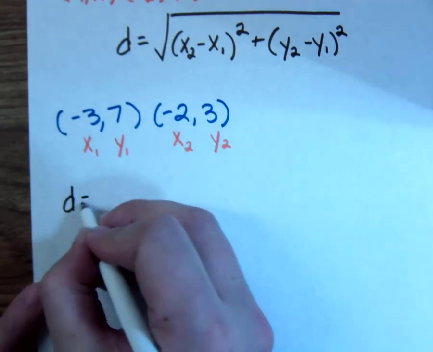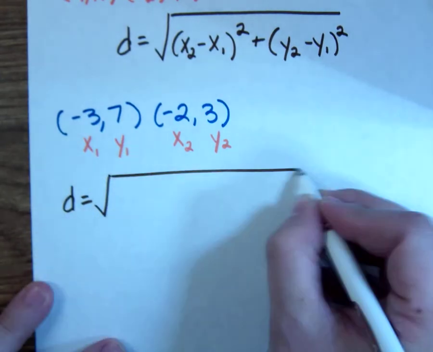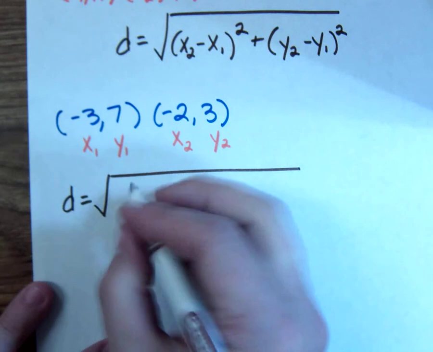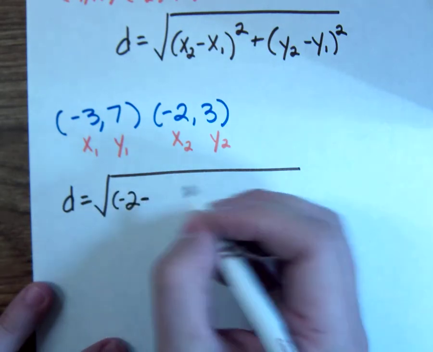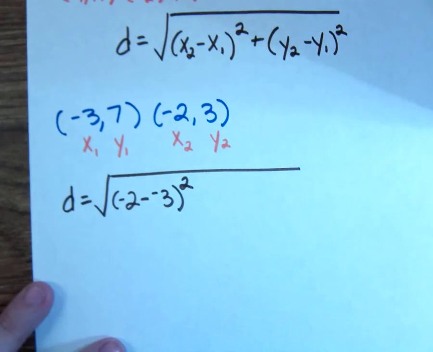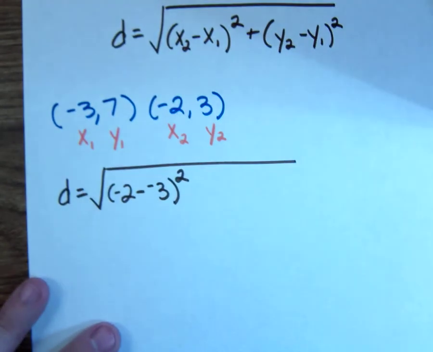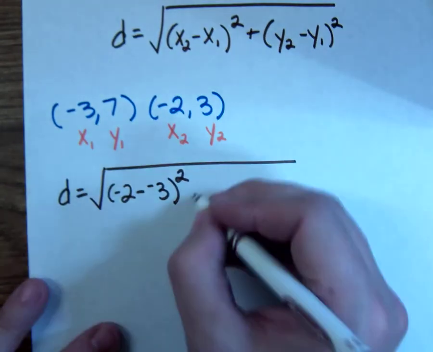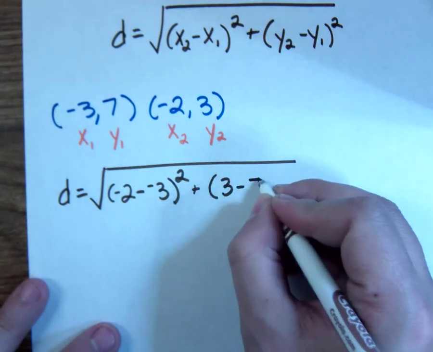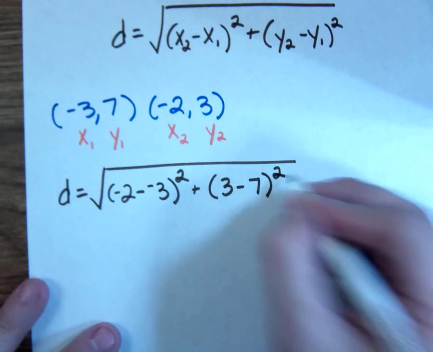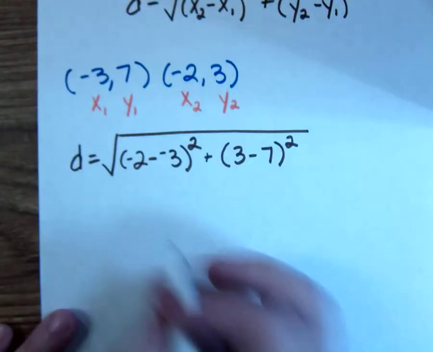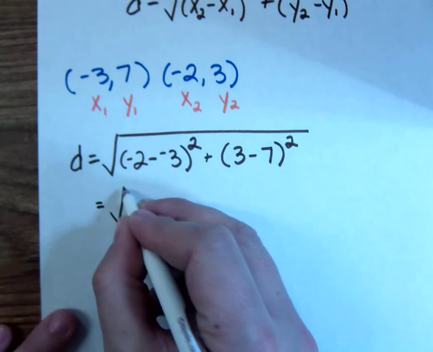So here we go, distance formula. Let's plug in our numbers. So the first part's x2 minus x1. So my x2 is -2 minus the x1, which is -3, and it's squared. Notice I've got minus a negative because it was minus -3. Plus y2 minus y1 squared. I got a little bit of arithmetic to do here.